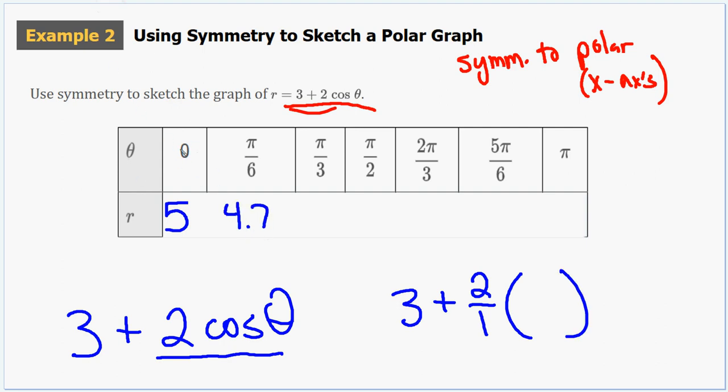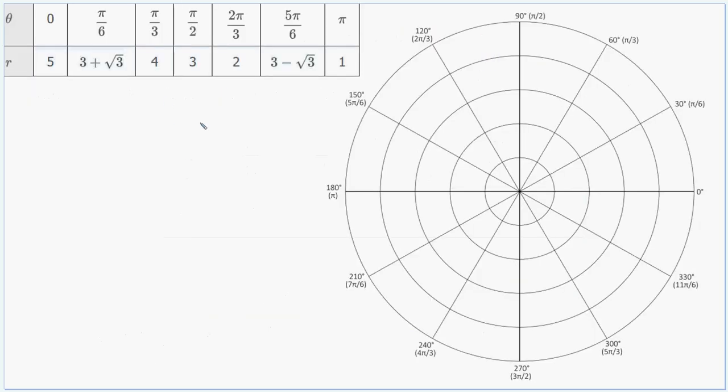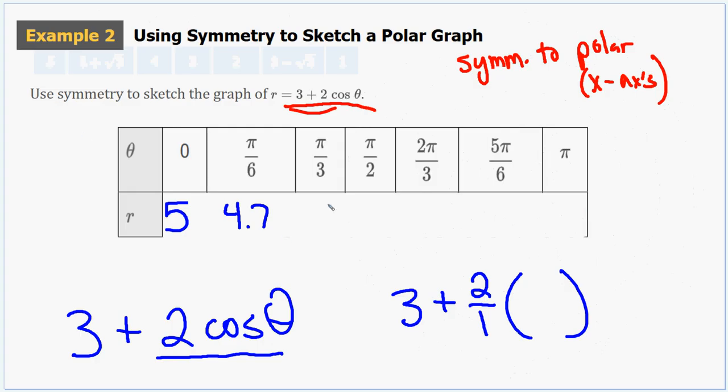Ooh, I forgot, let's graph these as we go. I see I already have the table filled in over there. At pi over 3, our cosine value is a half, so a half of 2 is 1, plus 3 is 4. At pi over 2, cos is 0, so that's 0 times 2 plus 3 is 3.